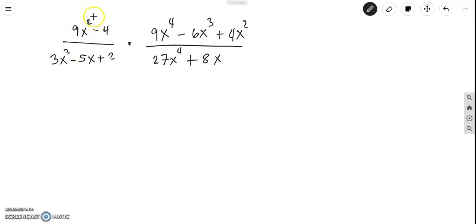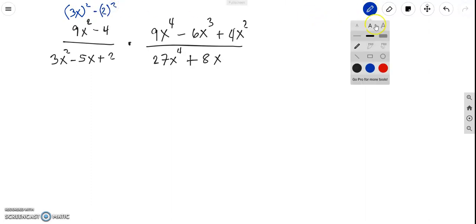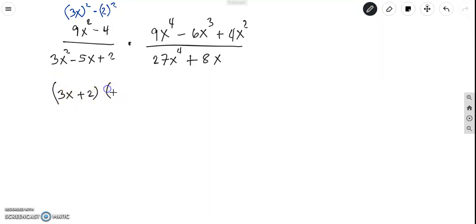This one will give you the same as 3x squared minus 2 squared. So therefore, we have 3x plus 2 times 3x minus 2, all over, factor this one out, 3x minus 1 times x minus 2.